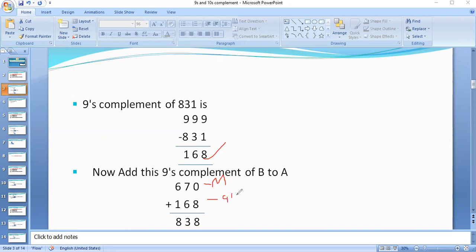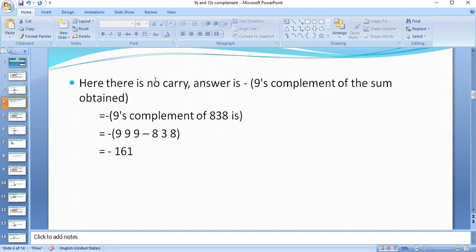Okay, so after adding, see here, there is no end carry in the result. If there is no end carry in the result, that means it is the m less than n condition. In the next step, if there is no end carry, so what is the answer?